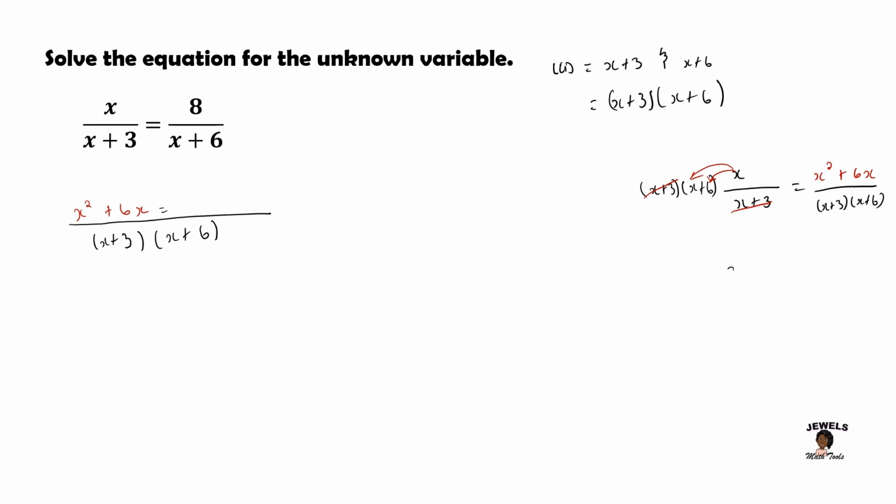8 over x plus 6. And remember that we're changing it to its equivalent form where both of those terms now make up our LCD. So now we're going to look at canceling what is common to our fraction. And we know that our denominator of x plus 6 is in both of these.